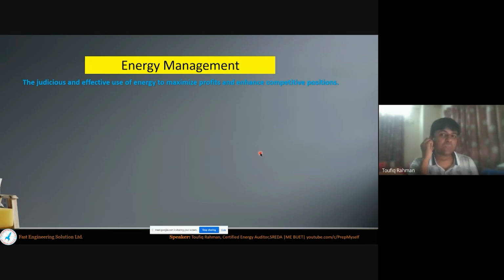Energy management is nothing but the judicious and effective use of energy that maximizes the profit and the competitive position of the industry. If energy management is properly done, then the factory may save an enormous amount of energy, because most industries around the world don't understand or don't prioritize energy.